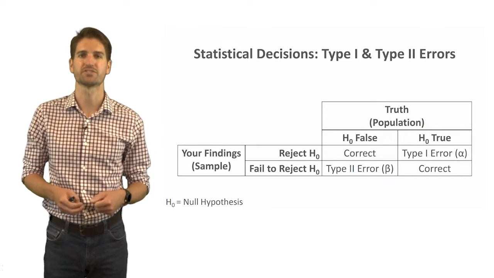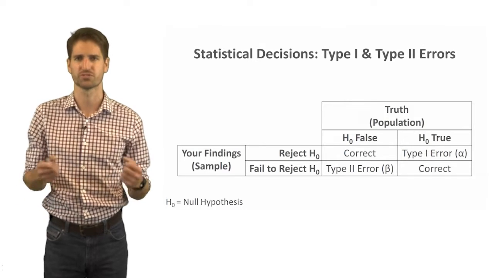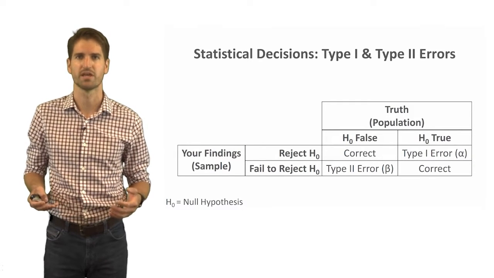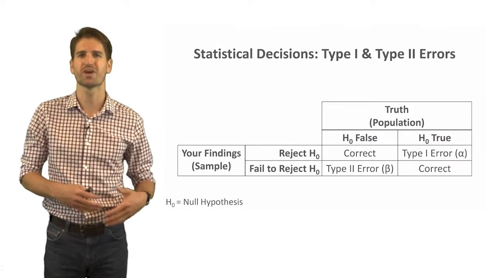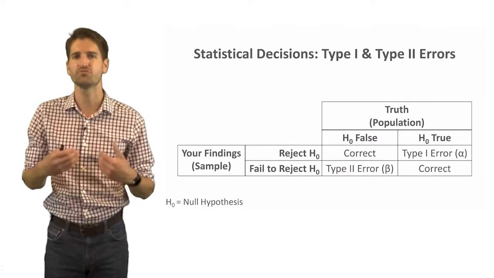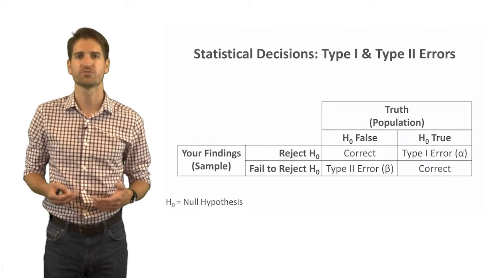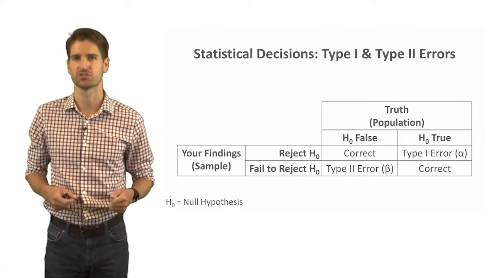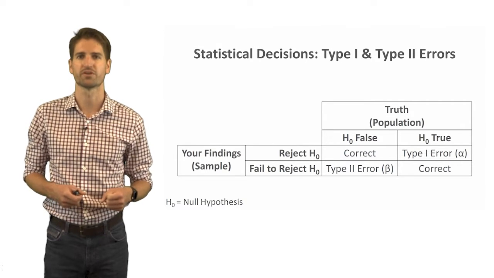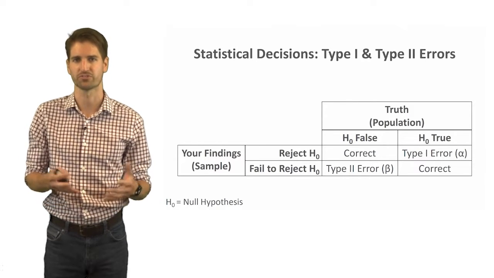Now, if the null hypothesis is false, this is essentially saying that there is some difference or association between the two variables. Now, the other part of this table that corresponds to the rows is your actual sample findings. What did you find by collecting data and running your inferential statistics? And so if we're using null hypothesis significance testing, there's really 2 conclusions you'd come to for a particular investigation of an association or difference and whether they exist.